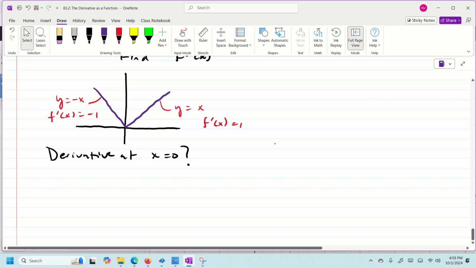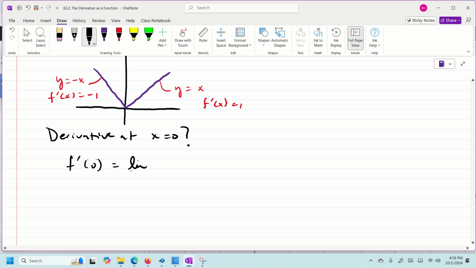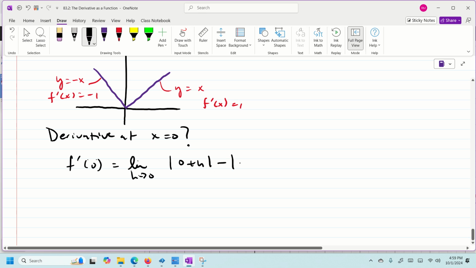So for that, we would have to compute the derivative at 0 by using the limit as h goes to 0 of our function evaluated at 0 plus h minus our function evaluated at 0, divided by h.